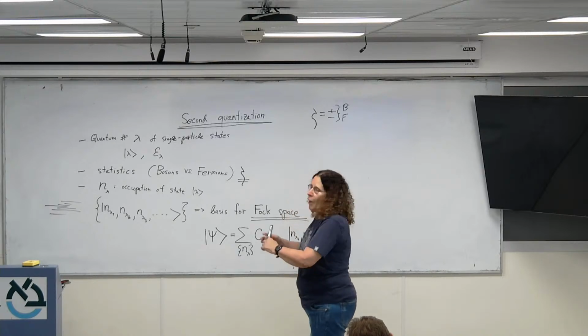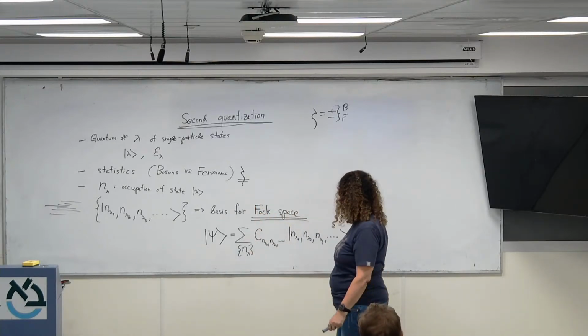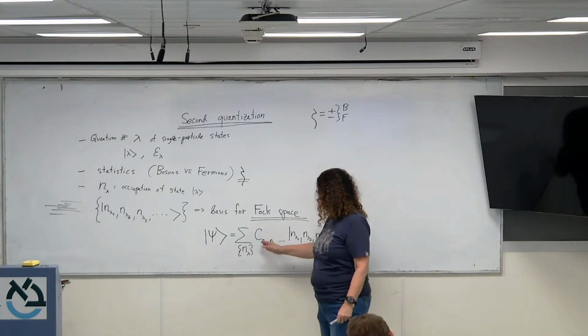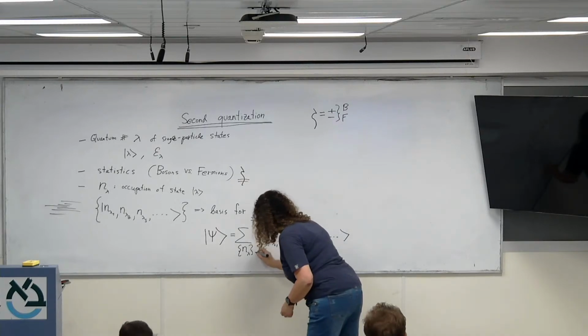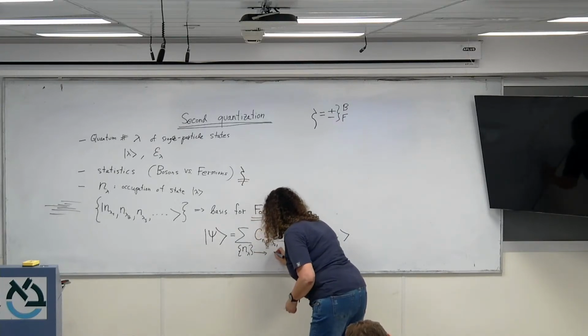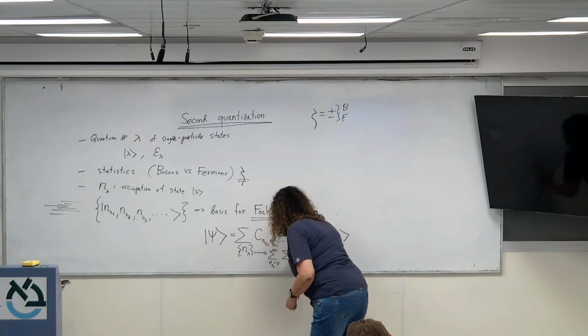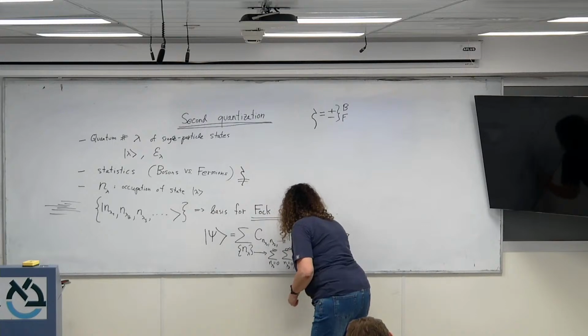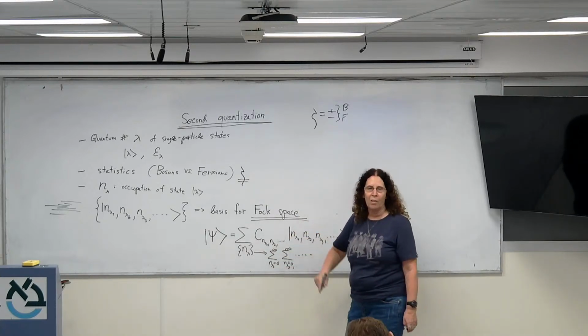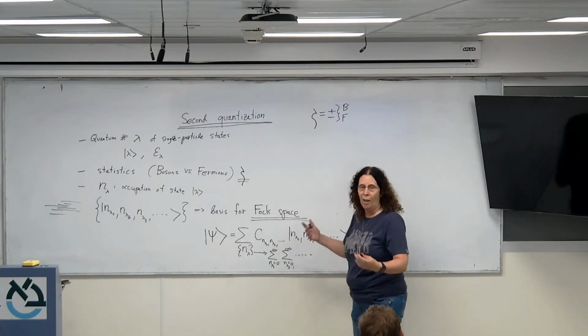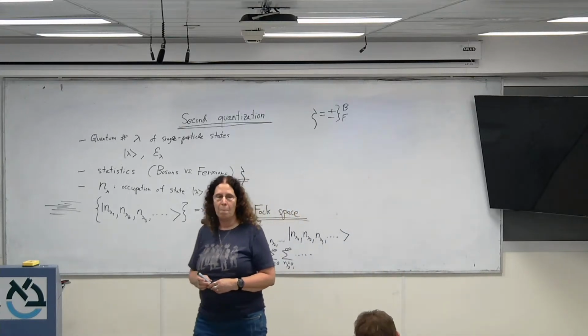You define a hierarchy, and within this you have occupations. And this actually means: sum over n lambda 1 going from 0 to infinity, sum over n lambda 2 going from 0 to infinity. That's what this means. I sum over all the possibilities, so any n here can be anything from 0 to infinity. Okay?